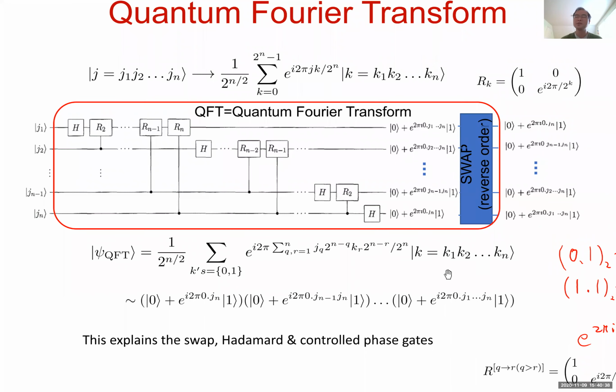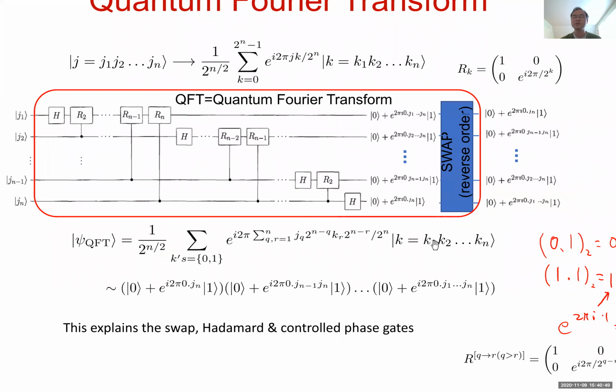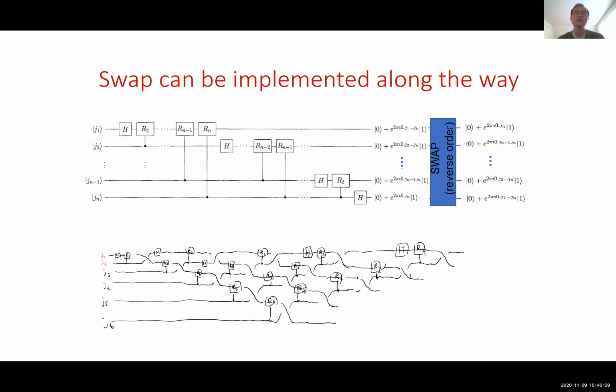And the swap is because somehow the way we derive this, this is the first qubit. We could do the reverse, and then we may get the reverse. So that's a convention. So there are swaps, right?